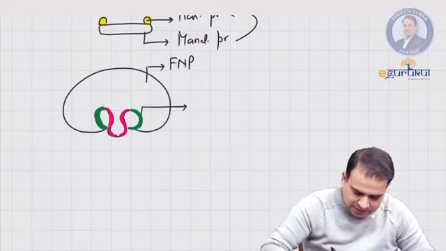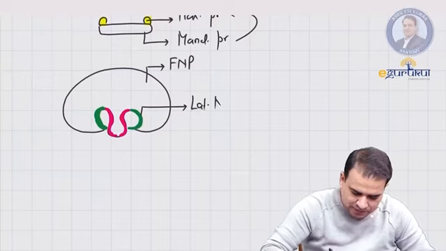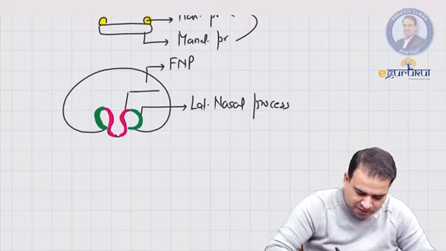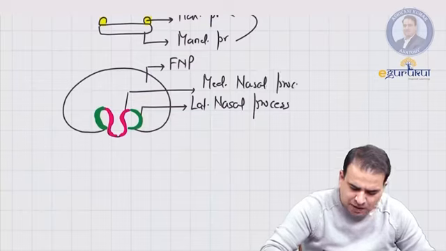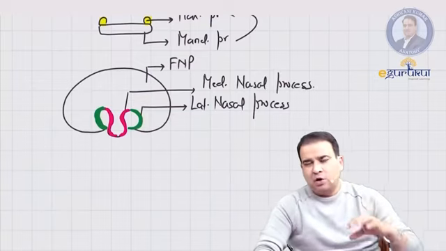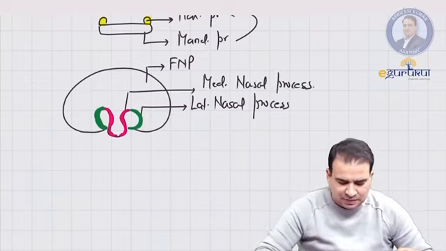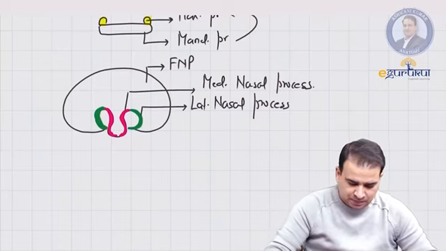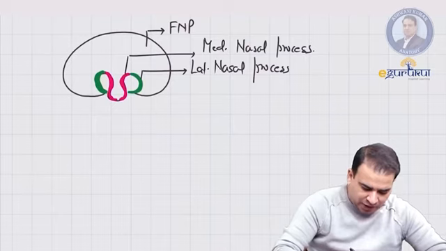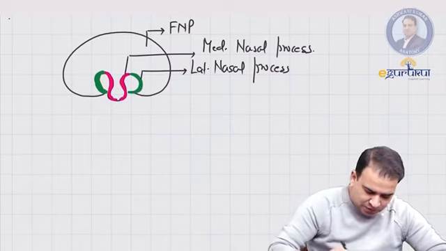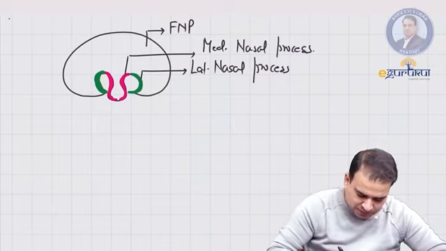Let me write that. This is the lateral nasal process or prominence. We'll show you one comparative picture from the atlas also. And this is the medial nasal process. Part of the frontonasal process only, but now these elevations are called the medial nasal process and the lateral nasal process. What is happening below? We already said we have this mandibular process, right? This is the mandibular process.